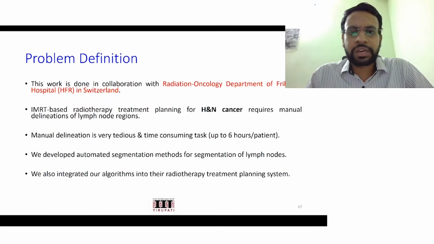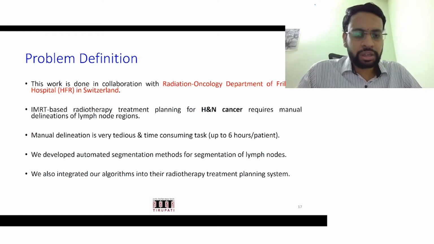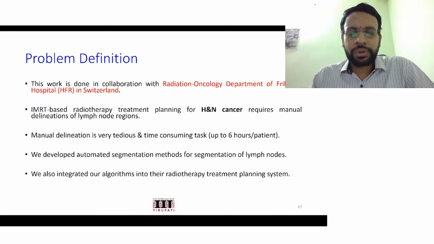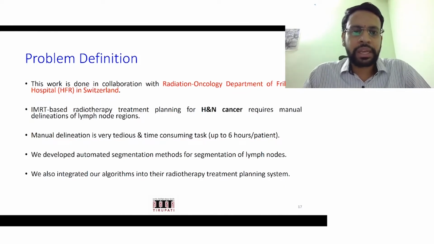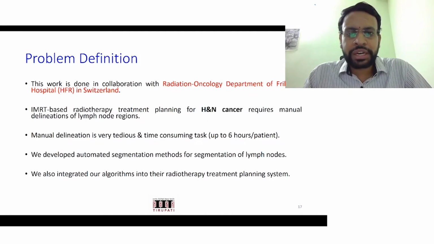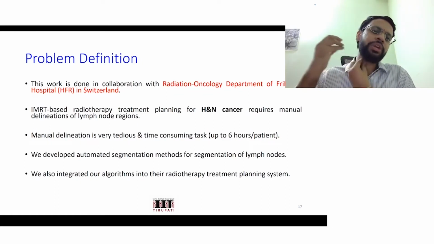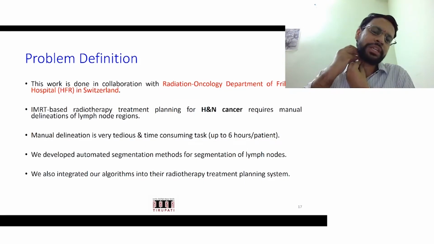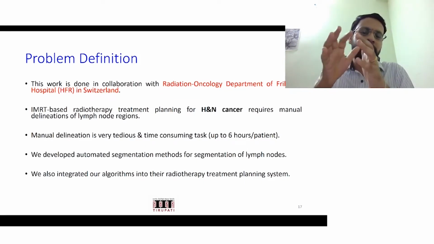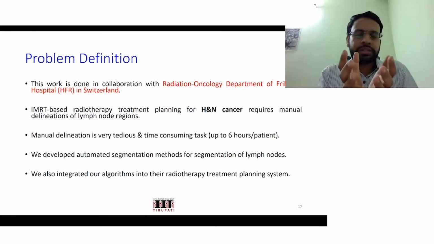It comes under the field of radiation oncology, and for doing that there are recently very advanced methods called intensity modulated radiotherapy, for example IMRT. In that case, suppose we want to give radiotherapy for a particular region, that has to be delineated in the scan.